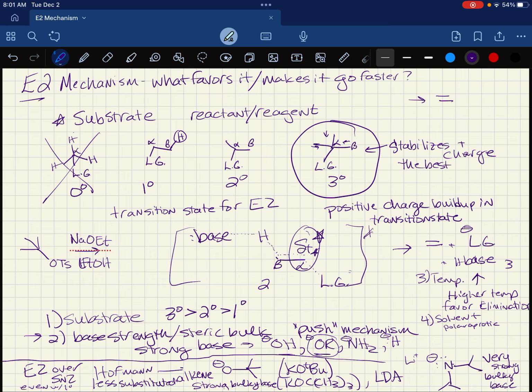And here especially, they might not even say that they're heating it. Again, in real life, we would probably heat it to make sure it worked well. But because we see here a tertiary substrate, and we know that goes fastest with E2, and wouldn't work very well at all with SN2, we see we have a strong base.